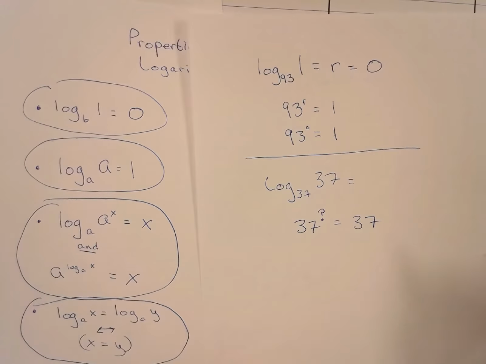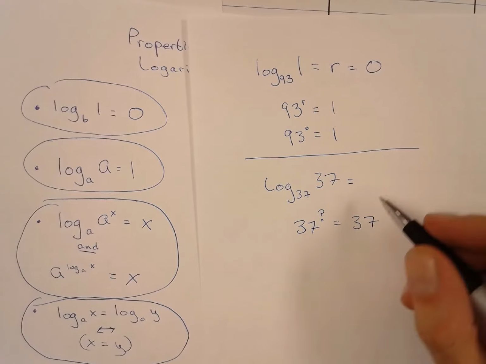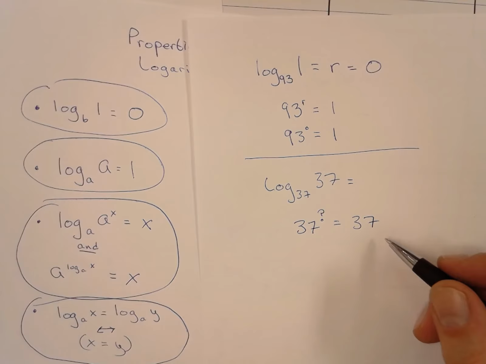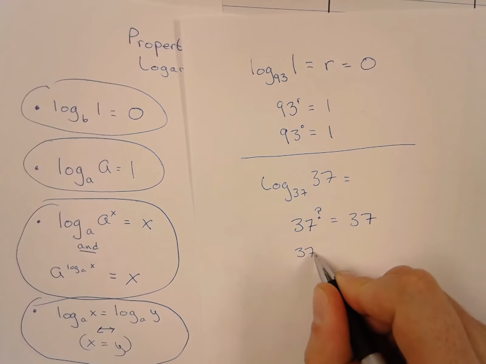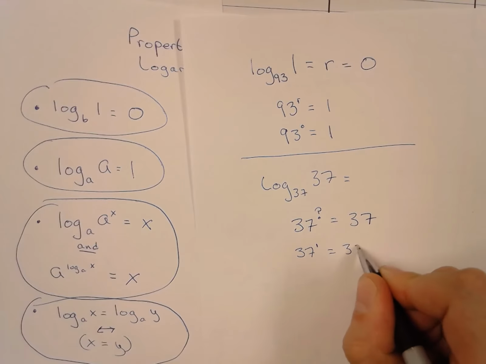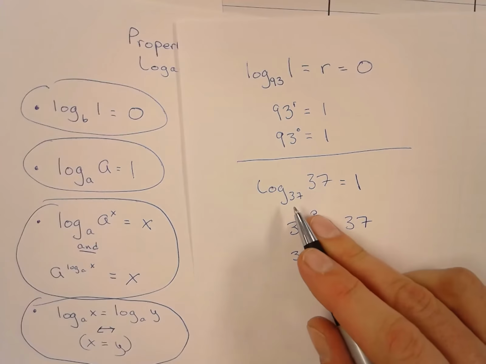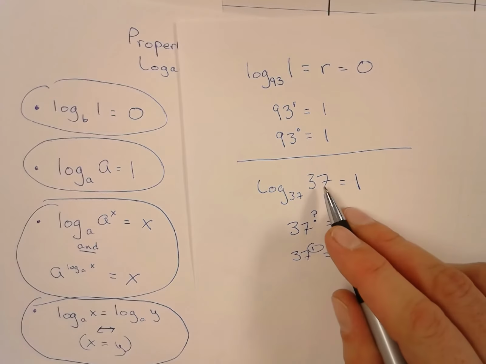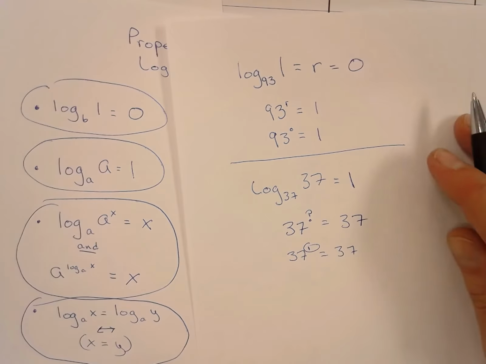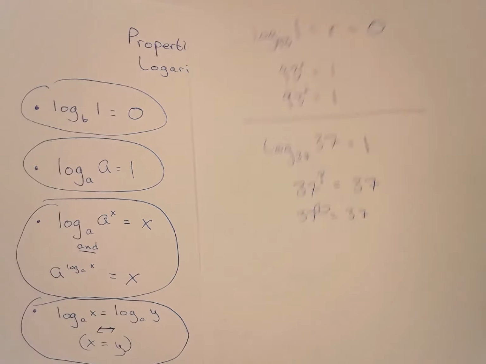And hopefully you remember that any number is basically itself raised to the first power. So because that question mark is 1, log base any number of that same number is always equal to 1.